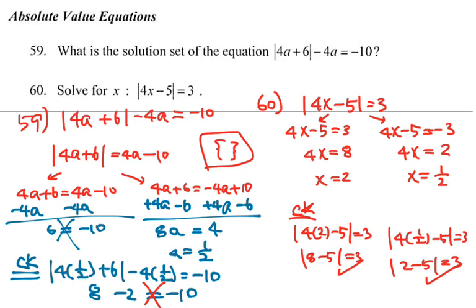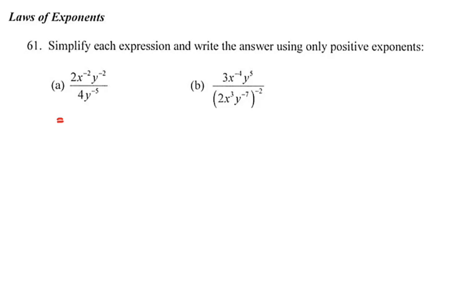Let's look at a couple more questions. Number 61. We want to express everything using the positive exponent. That means the one that has a negative exponent has to be shifted from numerator to denominator, or from denominator to numerator, either way. Then first I'm just going to rewrite everything with the positive exponent.